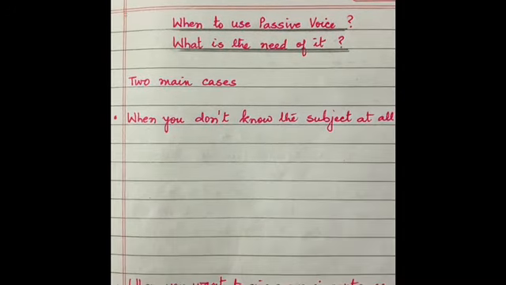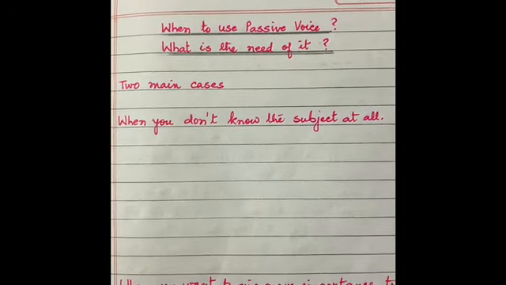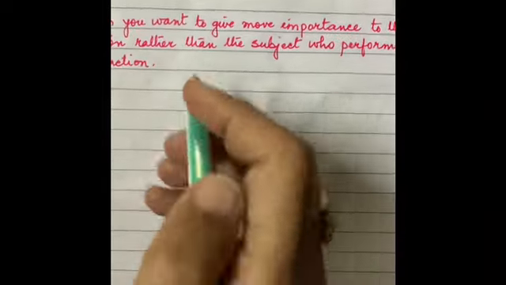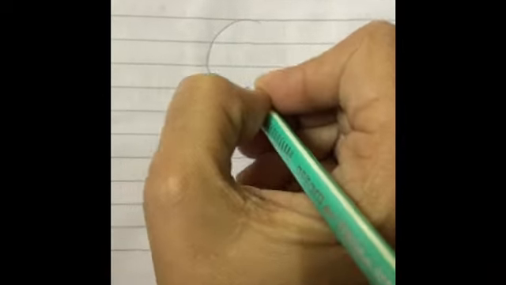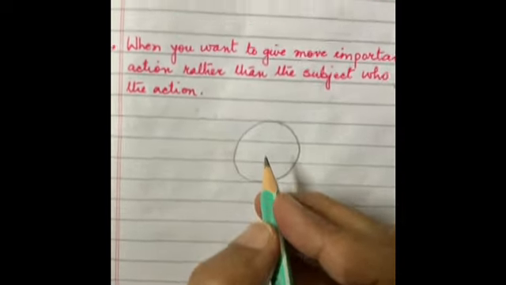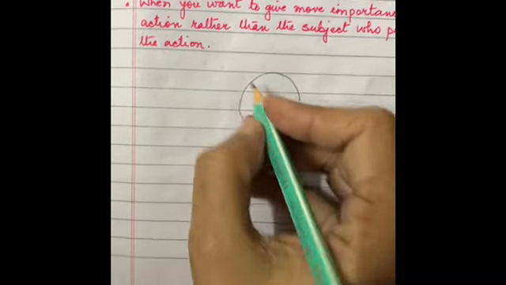For that, there are basically 5 simple steps for converting an active voice to passive voice. Let us see them one by one.